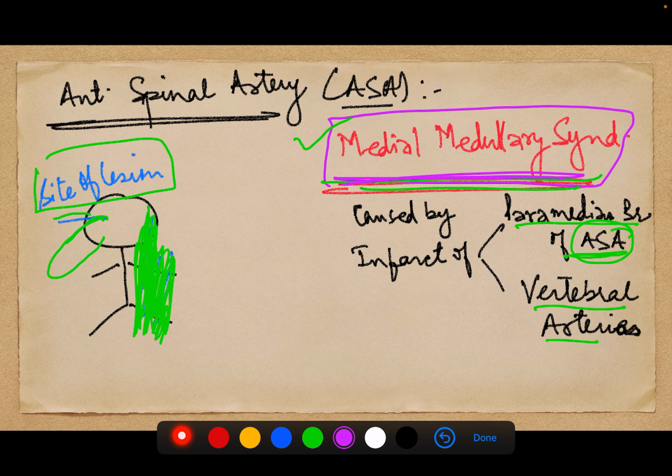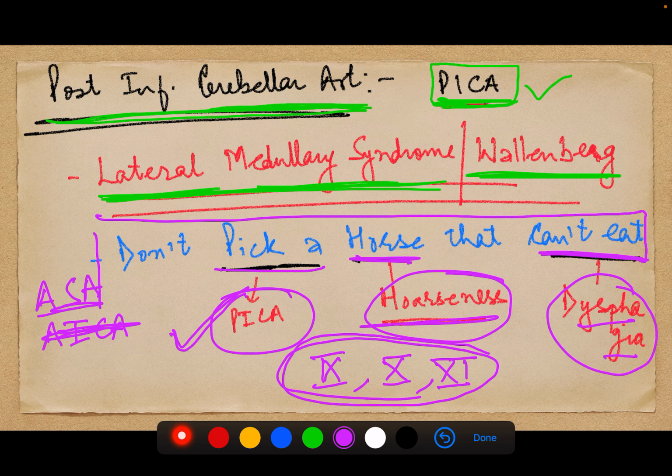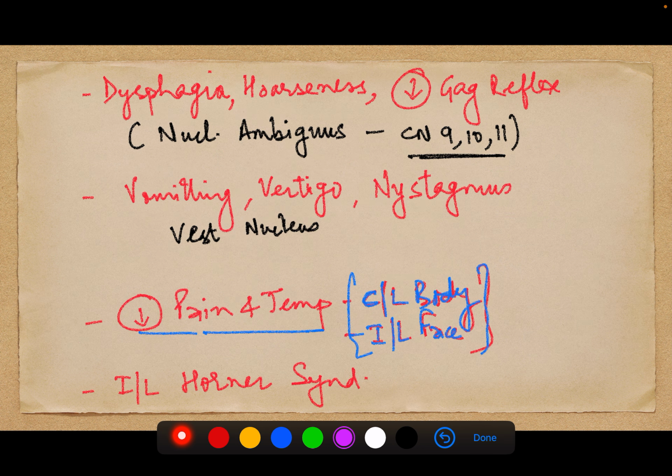Now above the 12th, the 9th, 10th, and 11th are located in the lateral aspect of the medulla. So they will get affected. When the 9th, 10th, and 11th cranial nerves are affected, there will be hoarseness, dysphagia, right? Hoarseness will be there, dysphagia will be there, and a reduced gag reflex will be there because of the involvement of the 9th, 10th, and 11th.